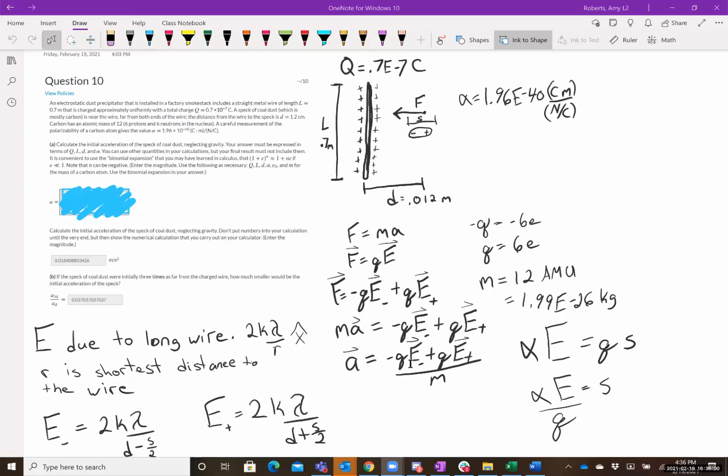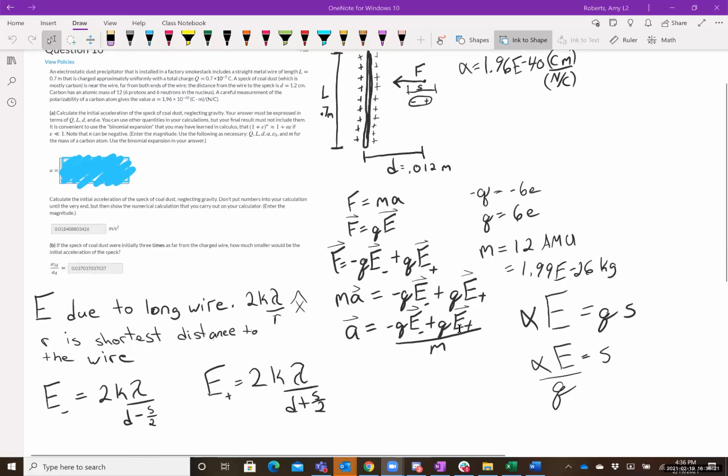Would it be L or D? It would be D. L only factors in for the charge density part of it. Oh, okay. But the thing that you're dividing by is the distance from the wire. Yeah, that makes sense.